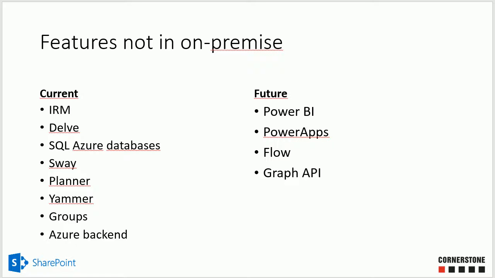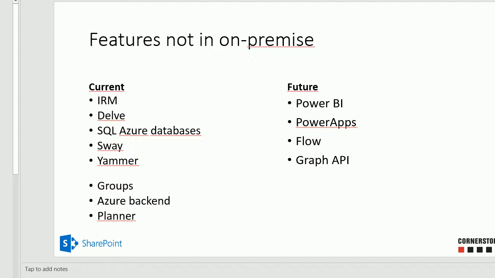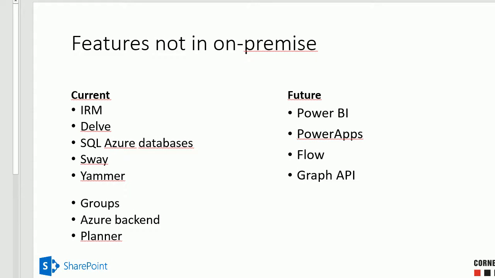So this is a deck that you might want to change in the future. But what I'm going to do now is just go through these different things. I have a few slides on each and every one of these.